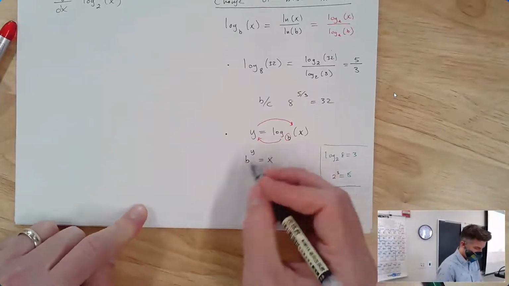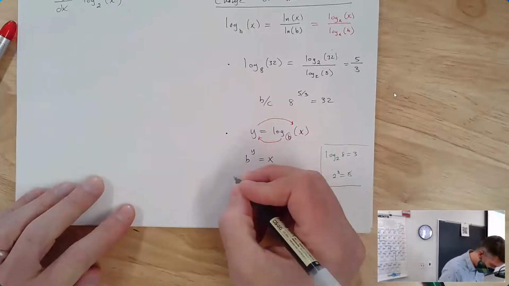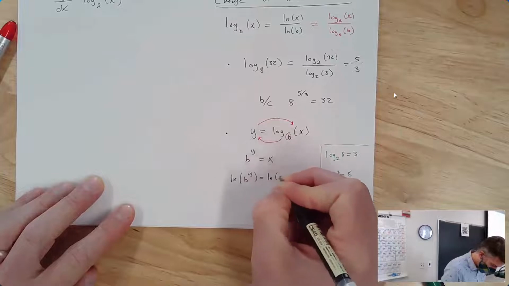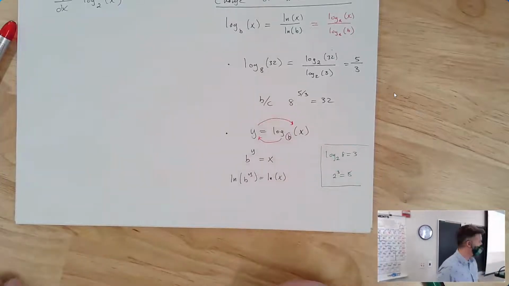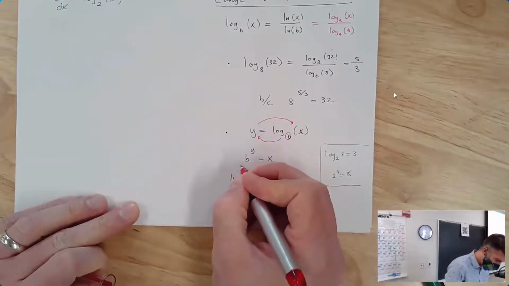Then we can take the log of both sides. Pick any log base you like. I'm going to pick the natural base e. So I take the natural log of both sides. What can I do with that y? I can use my logarithm rules, and the y gets to come down in front.